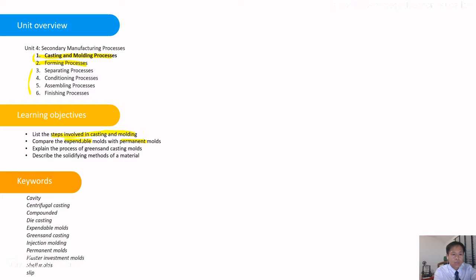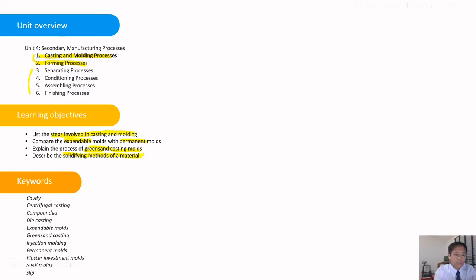We will compare the two types of molds, and then you will be able to explain the process of green sand casting mold. I will explain a variety of casting and molding methods, but green sand is the basic one, so I want you to explain the process of green sand casting and molding. The next one is to describe the solidifying method of material.